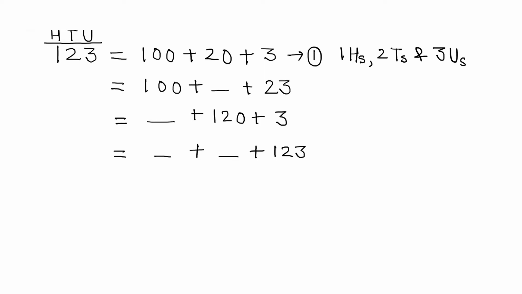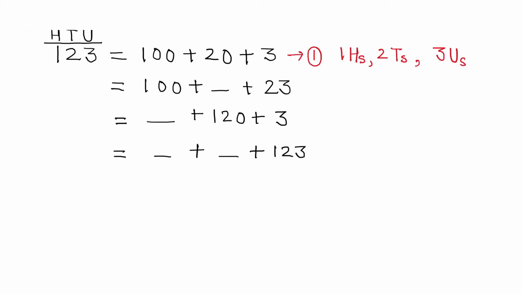So I'll repeat it for your convenience, and rather than using a word like and here, maybe what we can do is we can remove the word and, we can simply use a comma here. So I said that H is for 100, T is for 10, U is for unit.